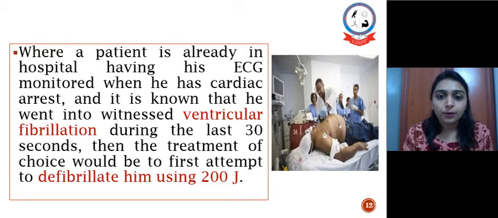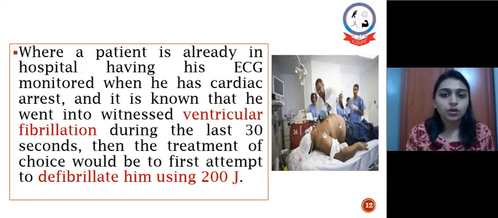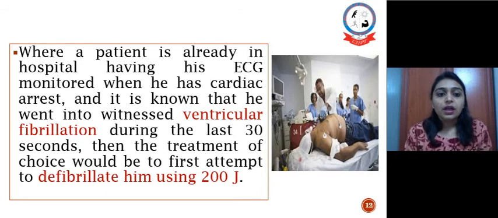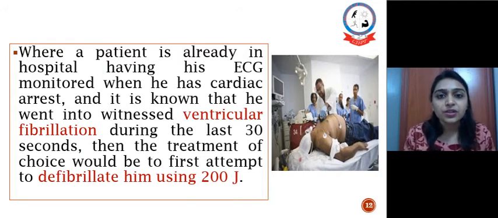What if we come across a patient who was already admitted to hospital? A patient admitted to hospital must be under ECG monitoring. If we find ventricular fibrillation lasting more than 30 seconds, that means the patient is having cardiac arrest, and should be immediately treated with a defibrillator using 200 joules.